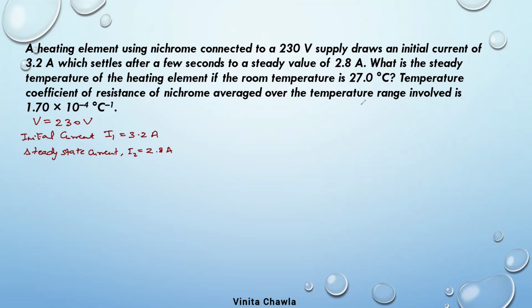And temperature coefficient of resistance alpha is 1.7 into 10 to the power minus 4 per degree Celsius. T1 is 27 degrees Celsius. We have to find T2.